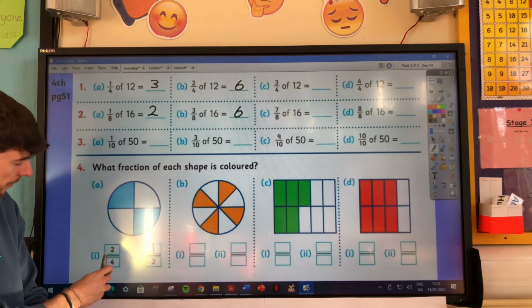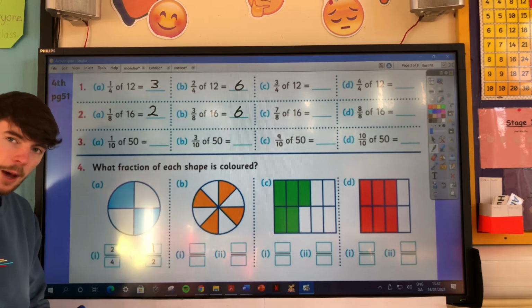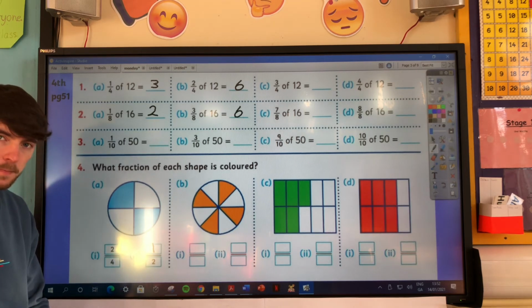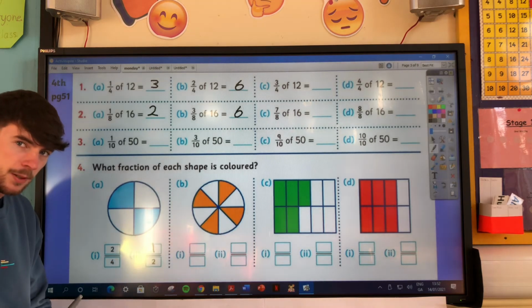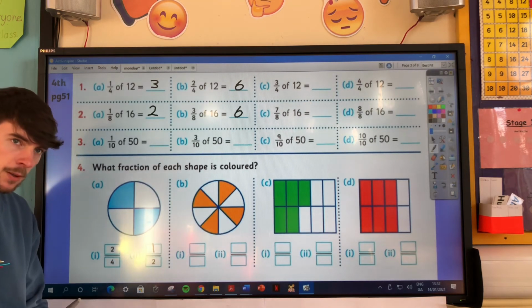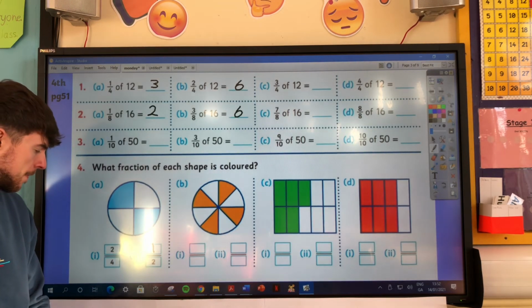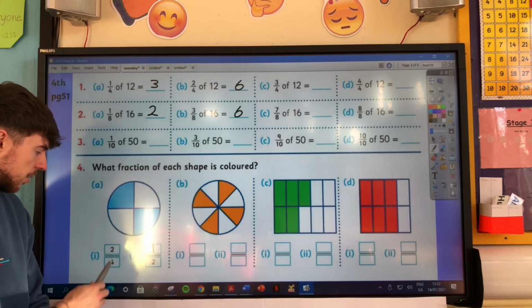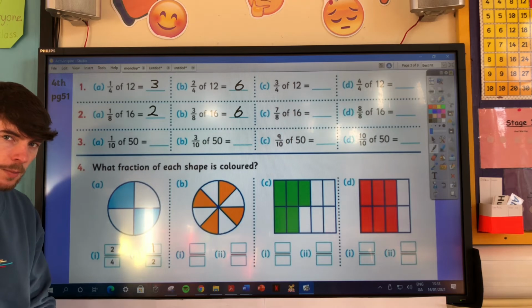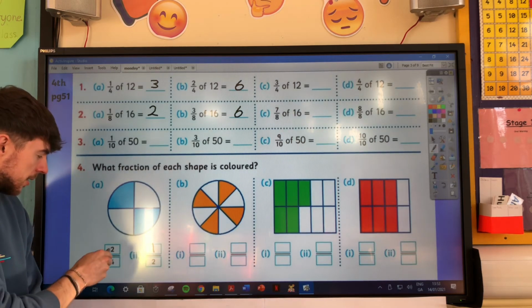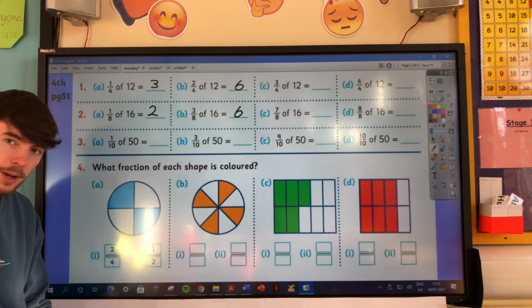Okay, now can we look at the relationship between here and here? So we have 2 on top and 4 on bottom. And now over here we have 1 on top and 2 on the bottom. What's the difference between this one and this one? Because they're the same fraction. So we divided the top and the bottom by 2, because 2 is a common number between them. 2 divides evenly into 2 on the top and 2 divides evenly into 4 on the bottom.